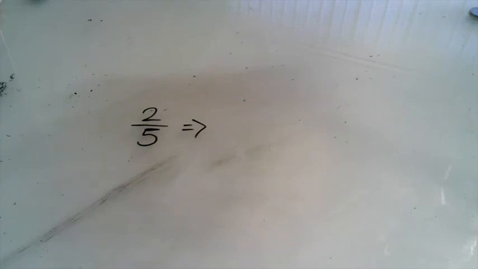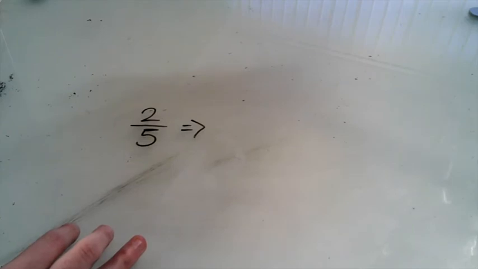Now imagine that I'm eating 2/5 of a chocolate bar. So now we don't have 100 as our denominator, and we don't have 10 as our denominator to times it by 10. So we want to try and get 100 on the bottom again. So what do we need to times 5 by to get 100? If you want to take it step by step, we could find 10 first and then find 100.